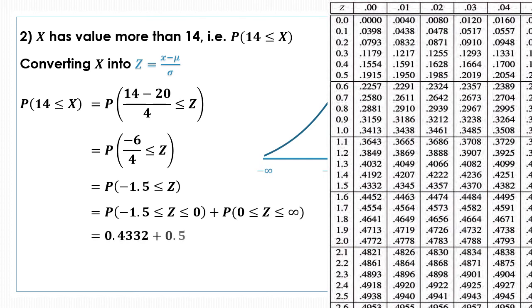So 0.4332 plus 0.5 is 0.9332. Easy, right? It's not that difficult, because actually we are not doing any calculations. We are just writing down proper equations, proper curves, and then checking out the values in the table. That's all. You don't even need calculus for this, right? Let's move forward towards the third illustration.